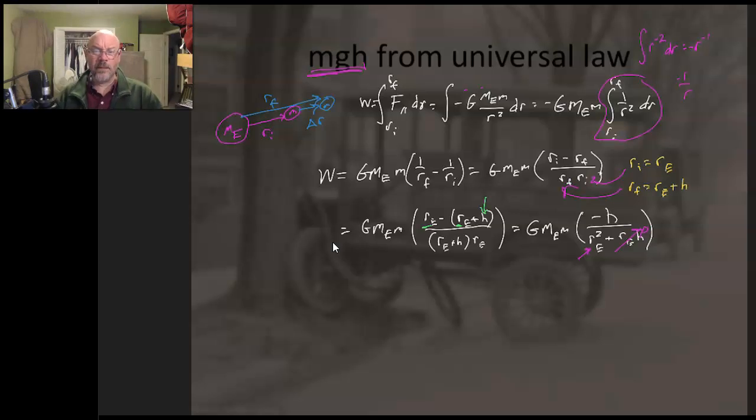That's going to be a really big number. So now let's put that in and see what we get. I've got G M E M minus H over R sub E squared.